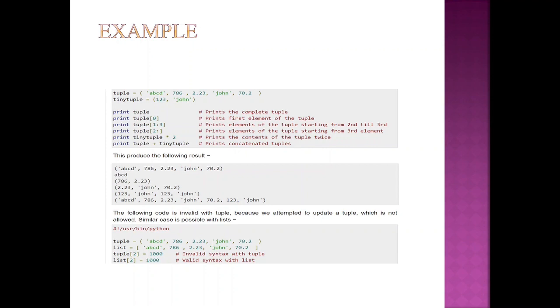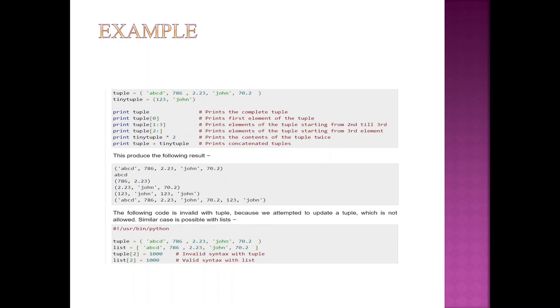See, here it is given tuple equals ABCD 786 2.23 John 70.2. Since it's a tuple, it is enclosed within parentheses. And in the next statement, list equals the same values ABCD 786 2.23 John 70.2. Being a list, it is enclosed within square brackets. Now, in the third statement, I'm trying to update the tuple.